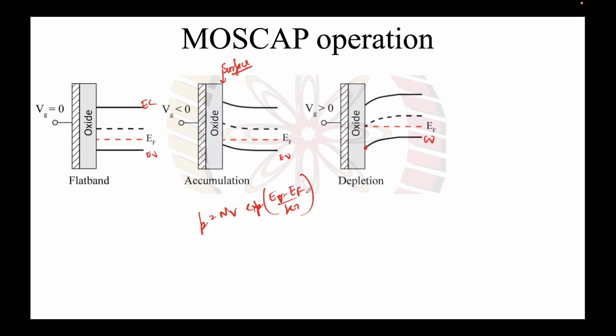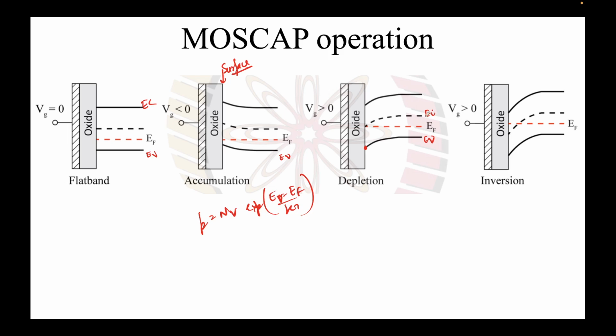So this must always be negative. EV minus EF is more negative in this case, so this exponent will be smaller. And hence you will start approaching EI, the dotted line is EI. You will see that the material at the surface is losing its p-type behavior.